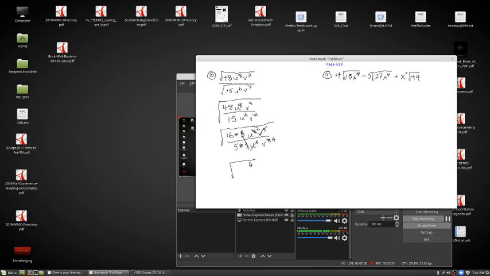So we end up with 4 times u squared here on top, because 16 is 4 squared, and u squared is u squared, so that takes care of that. And then we'll have 5 times v squared squared for our v to the 4th.